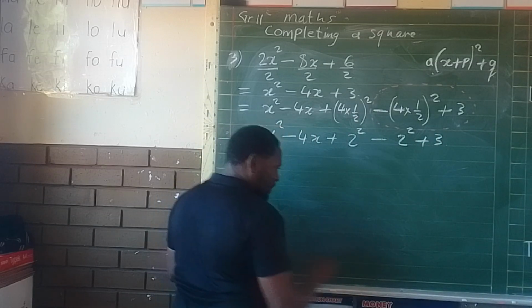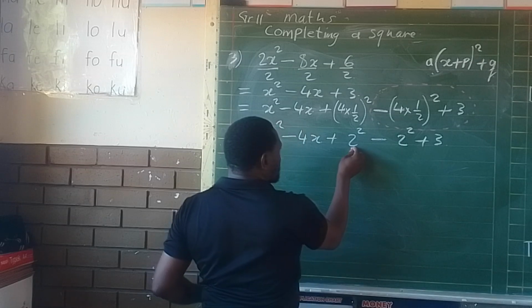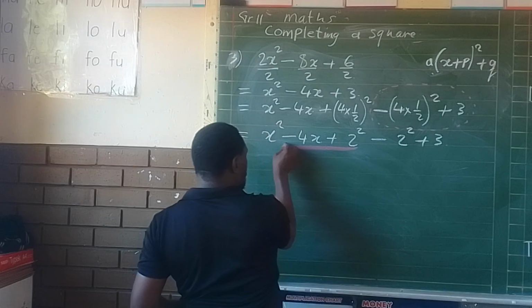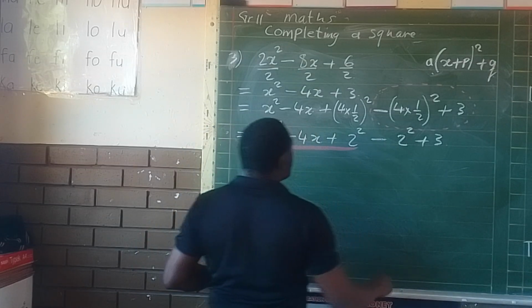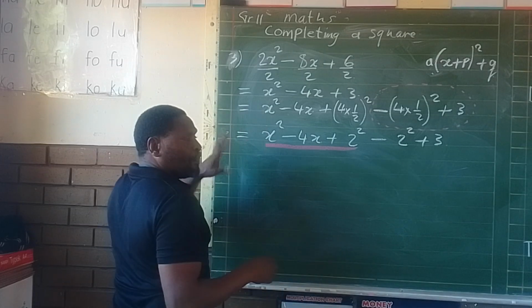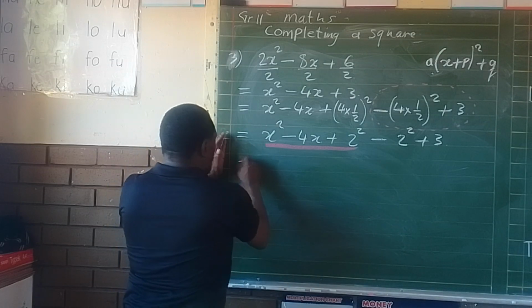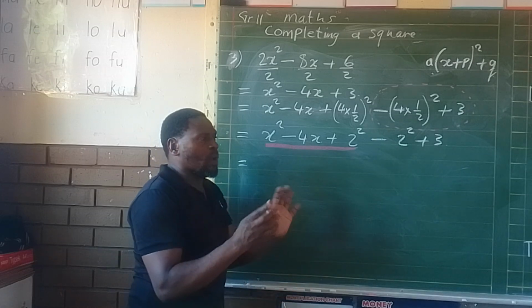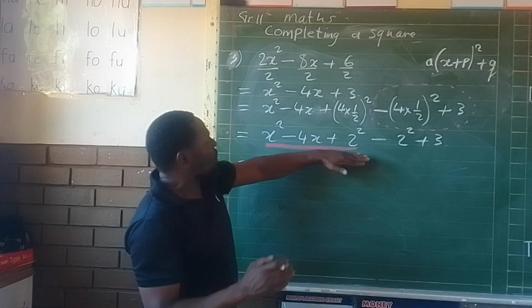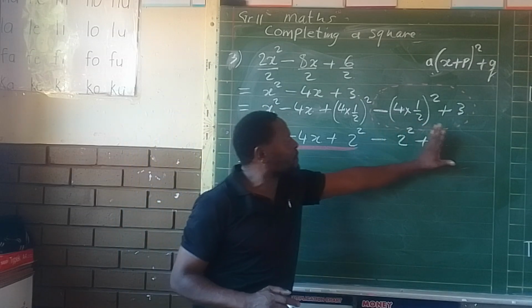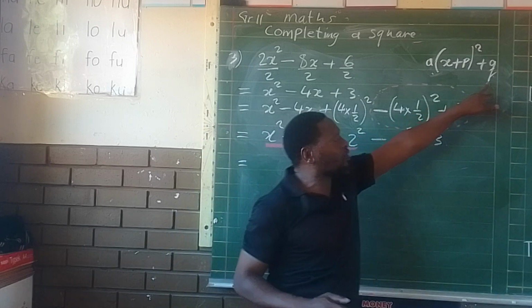Now this here is our, this is where we are going to factorize. This is our factorization. Then we leave that part. That part is going to be part of a cube.